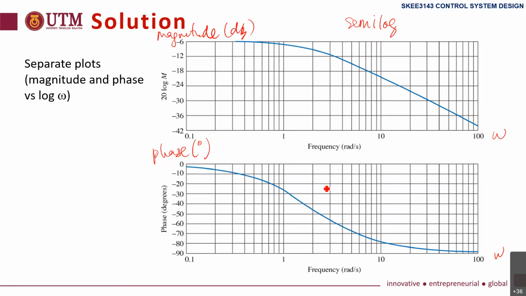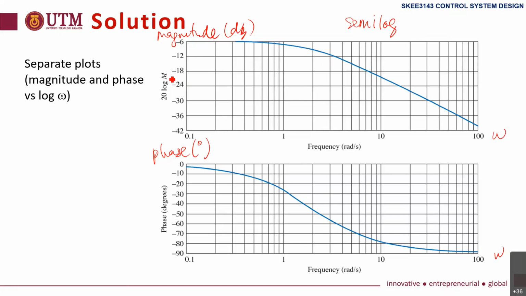Why is this graph called semi-log? Anyone can help? Semi means half. Because the y-axis here is not log.